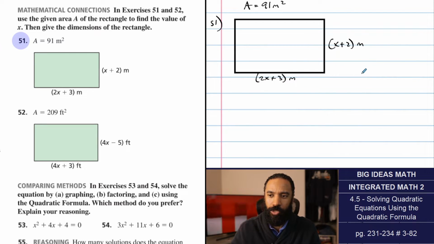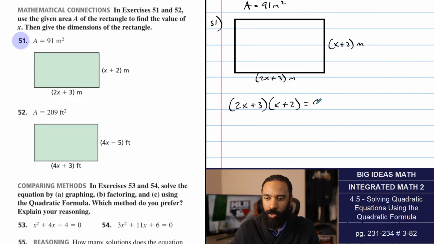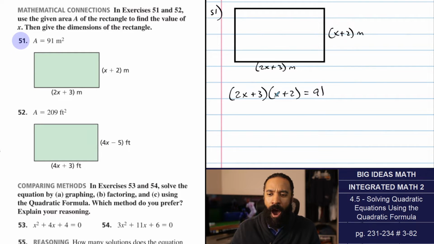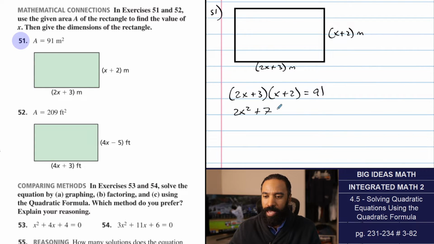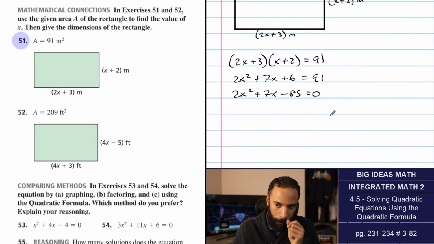We are going to find the value of x, then give the dimensions. So we multiply base times height, 2x plus 3 times x plus 2, and set it equal to 91. Let's FOIL this out. We get 2x squared plus 4x plus 3x plus 3 times 2 is 91. Let's subtract 91 over. We get 2x squared plus 7x minus 85 equals 0.